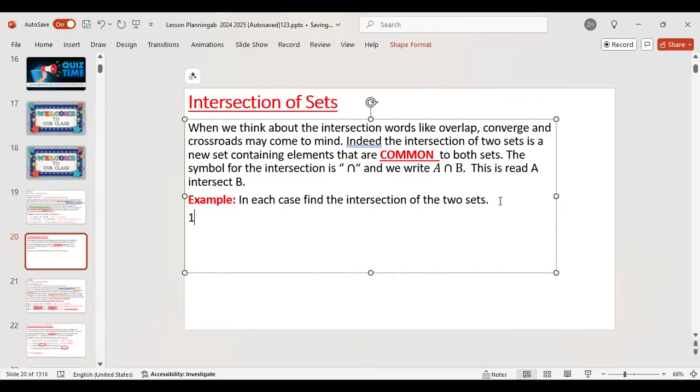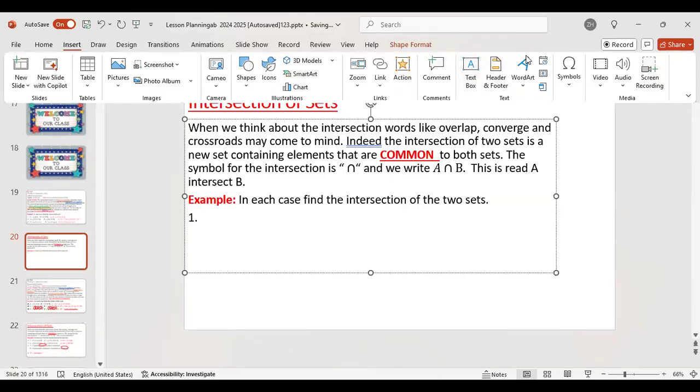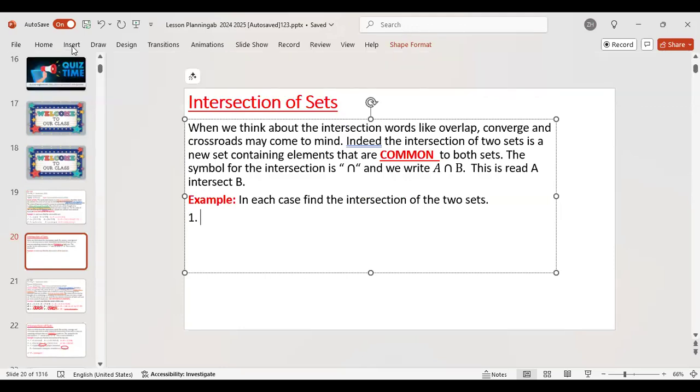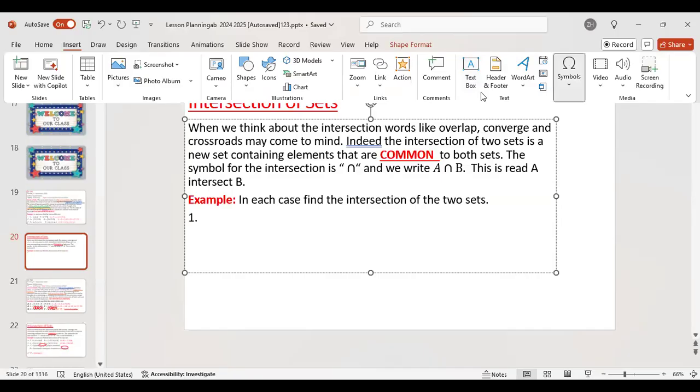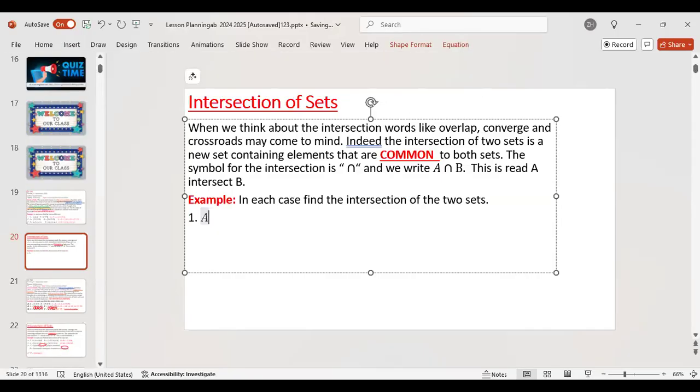So let's say we have number one. A is equal to 1, 2, 3, 4, 6, and 8.